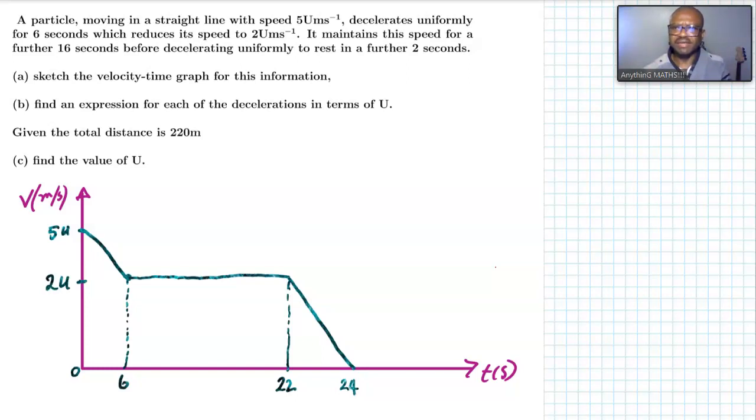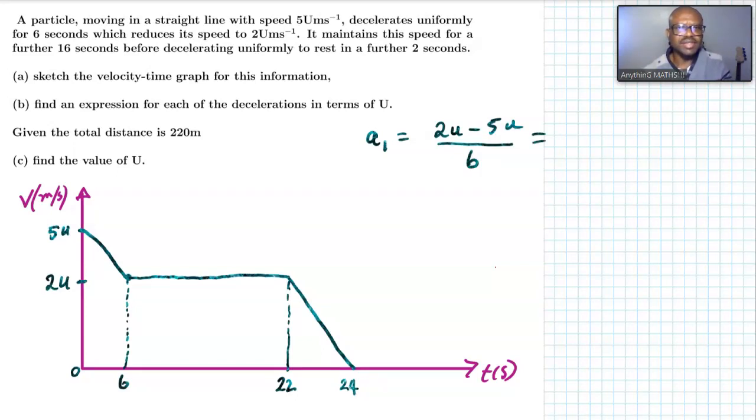The question is, find an expression for each of the decelerations. So we had the first deceleration, which is from 5u to 2u. Let's represent that one by a1. So a1 will be change in velocity, which will mean 2u minus 5u divided by the time, which is 6.